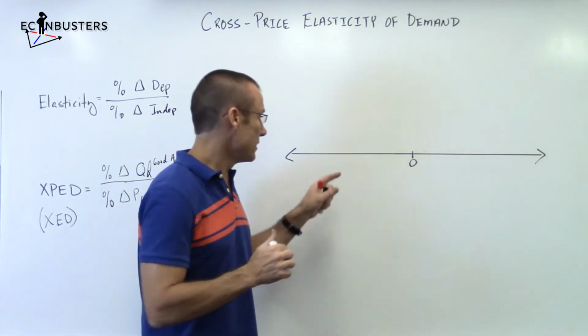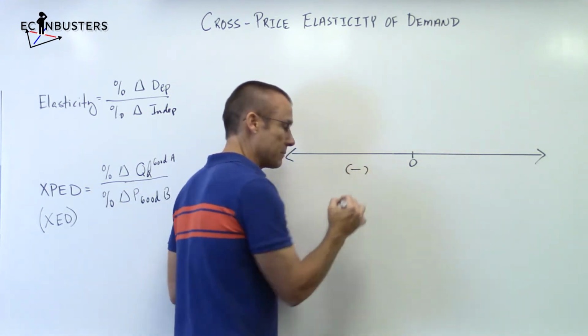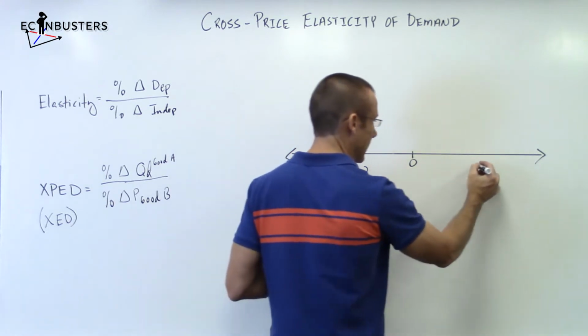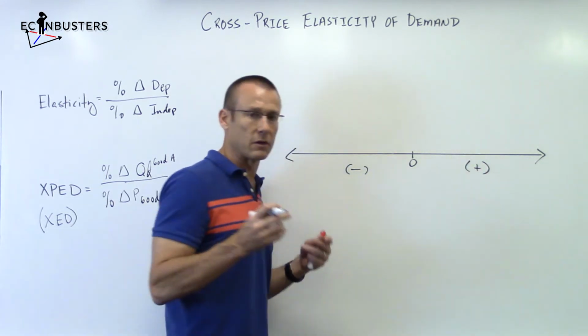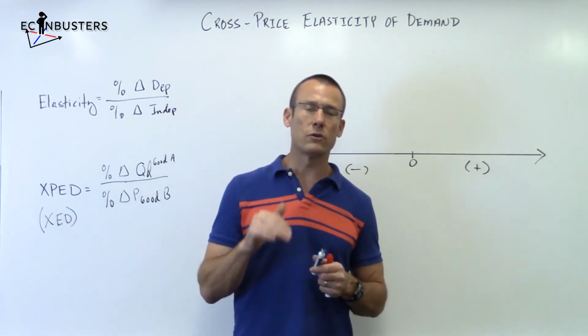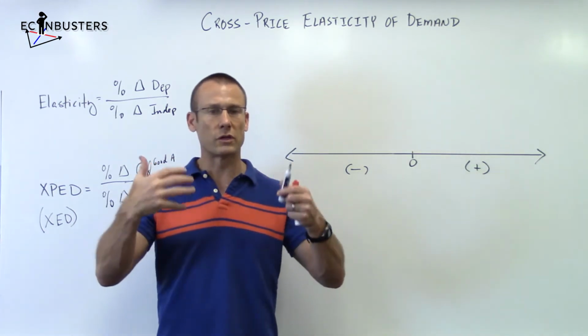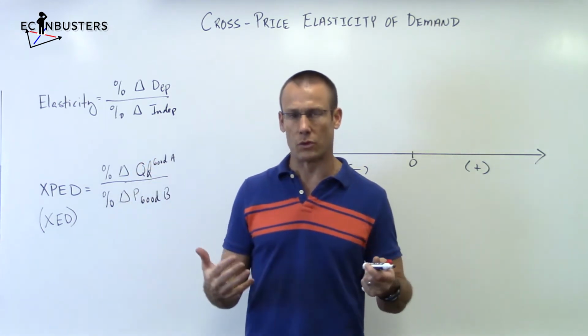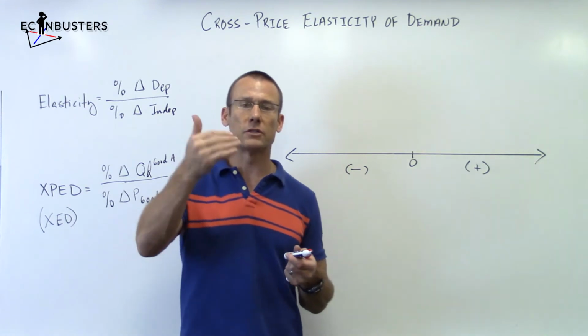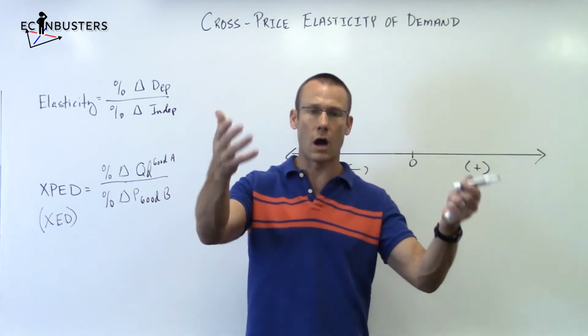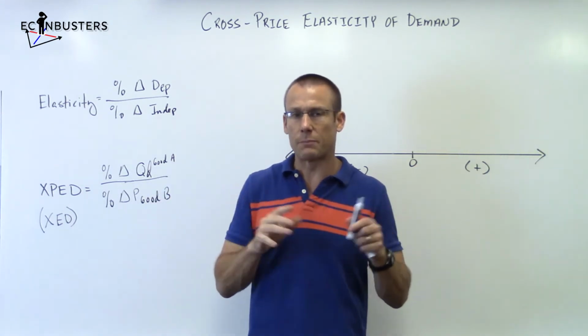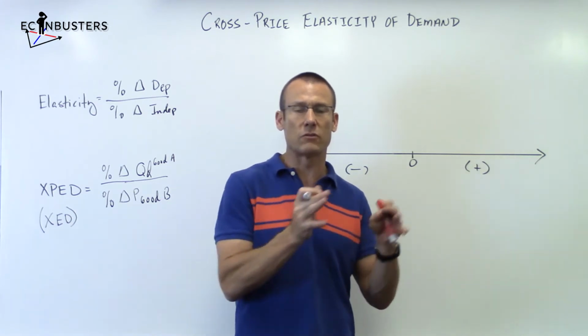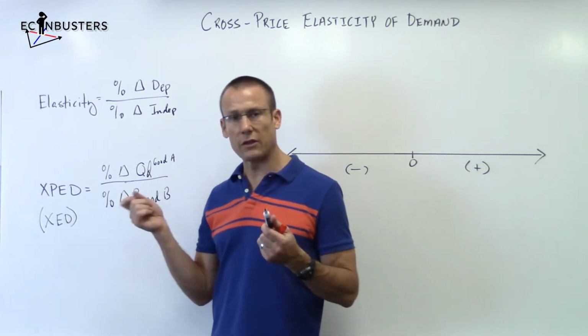Let's figure out: if we get a negative value, does that mean they're complements or substitutes? If we get a positive value, does that mean they're complements or substitutes? The way to do this, I think, is to pick some really good examples and think through them, okay? I know that peanut butter and jelly, and so do you, are complements, right? Those are a really good example of complementary goods, things we generally buy together. So let's think through the logic.